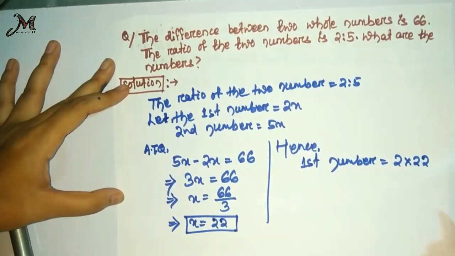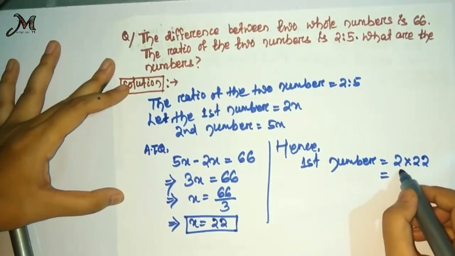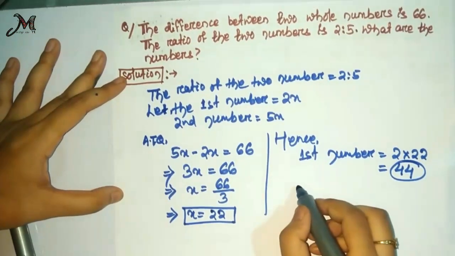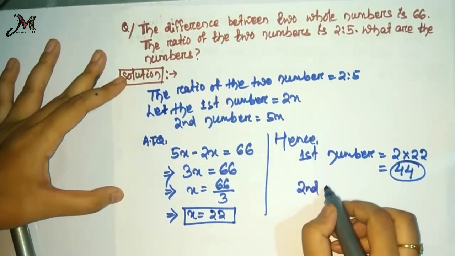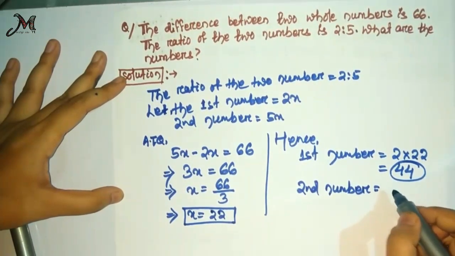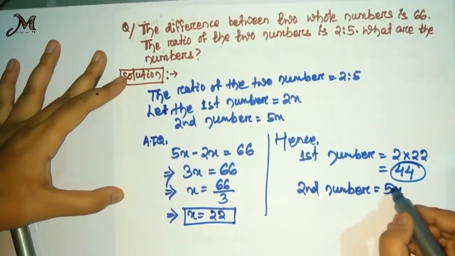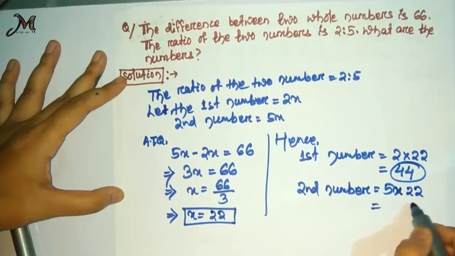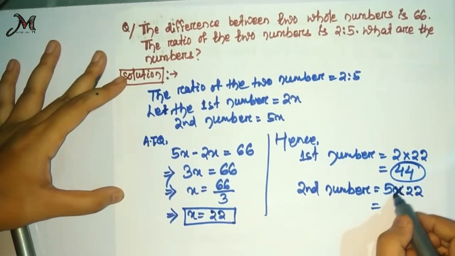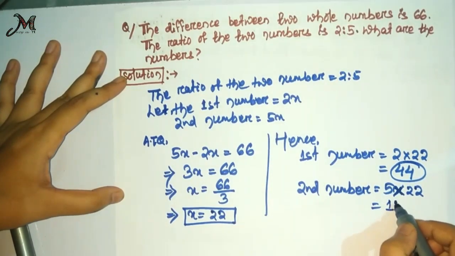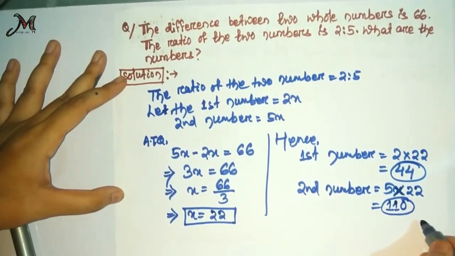So 2 into 22 is 44. This is the first number, and the second number will be 5x, which is 5 into 22, equal to 110. So these are the two required numbers.